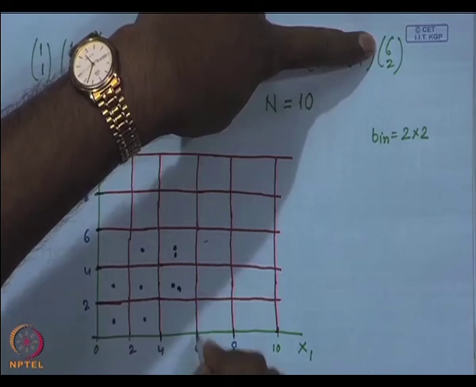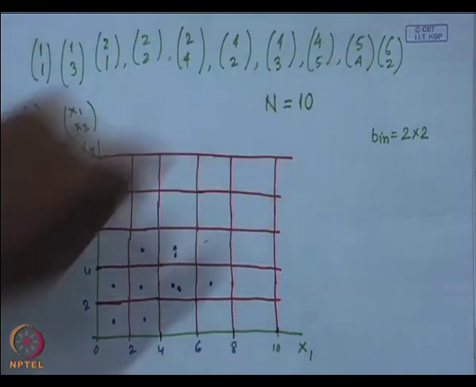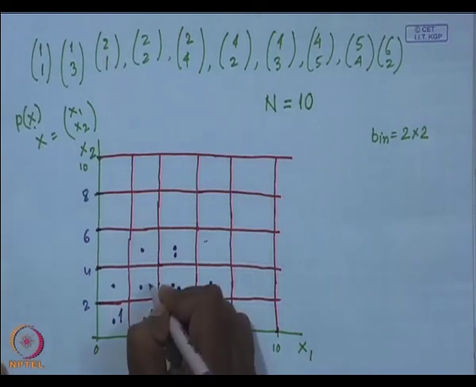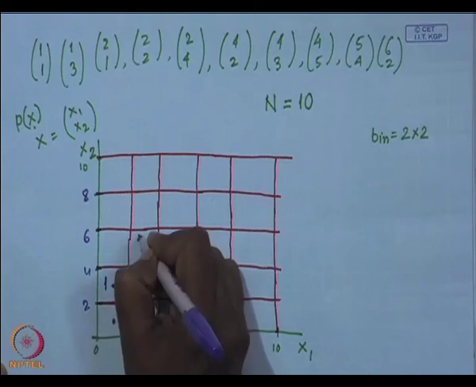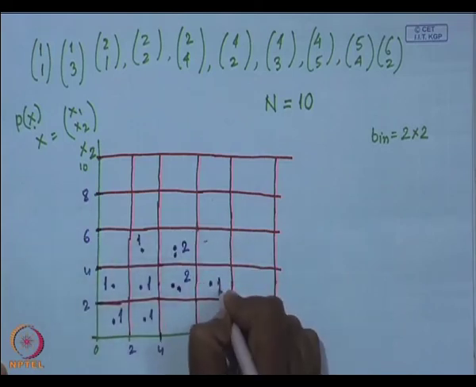Then 6 2, it is this point, I assume it falls in this bin. So, you find that here I have only one sample, one sample, one sample, one sample, one sample, here I have two samples, two samples, and one sample over here.